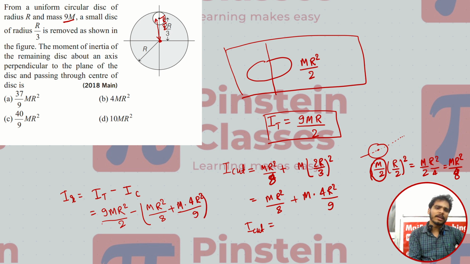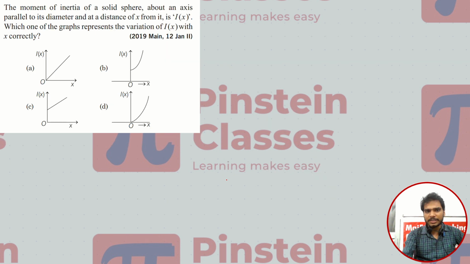You can do this calculation by yourself and you will reach the answer, 4 mr square approximately, and this will be your answer. Let us move to the next one.